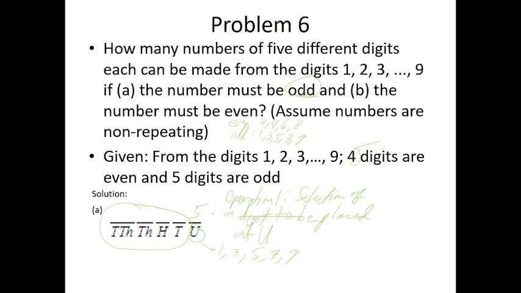So we can only allow an odd number to be placed at the units digit because we have to satisfy the condition the number must be odd for letter A. In that regard, we now consider operation 2. For operation 2, selection of a digit from 1 to 9 to be placed at the 10,000th place.